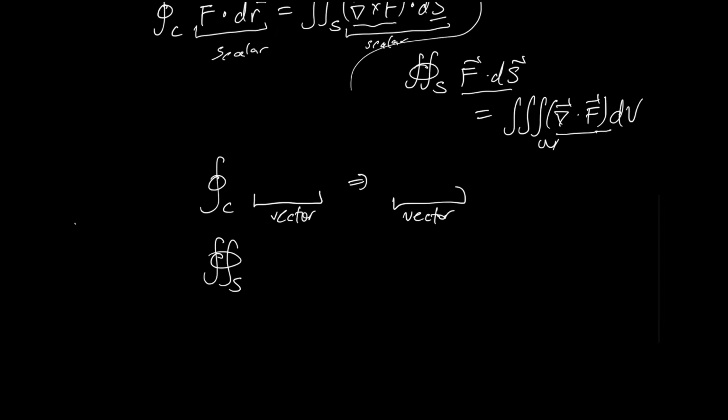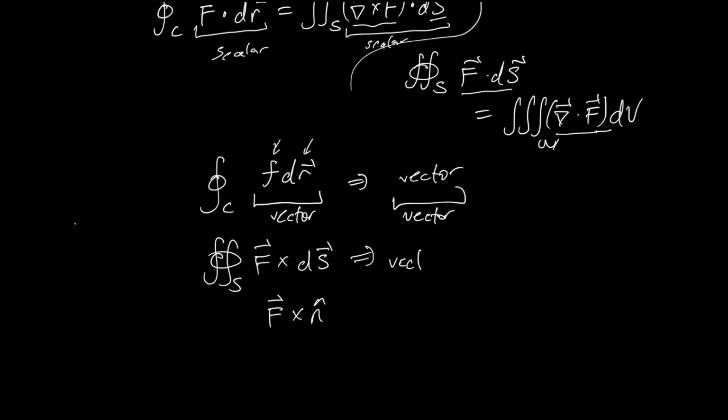For example, consider f dr, where f is a scalar, but dr is a vector, so our result would have to be some vector. And same thing here. Maybe for another example, f cross ds, where we're taking the cross product between f and the associated normal vector. And of course, this will also need to yield a vector.